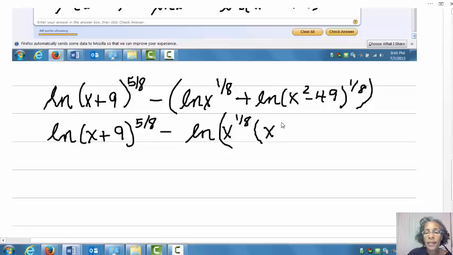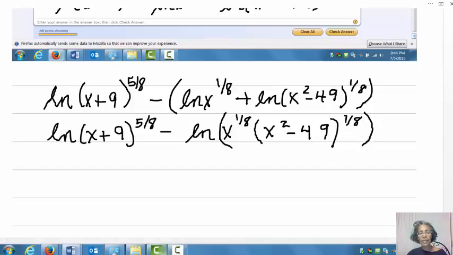So I'm multiplying the inputs to these two logs that were being added, using essentially the product rule.